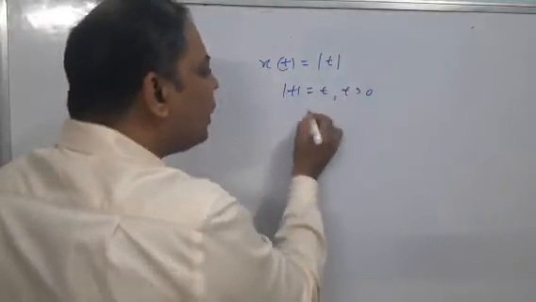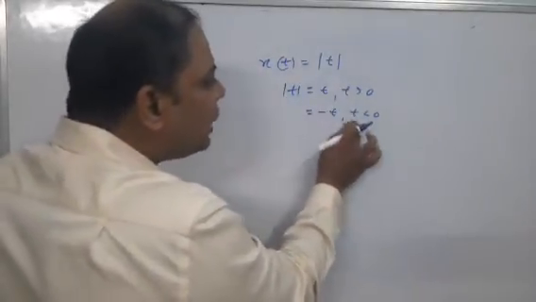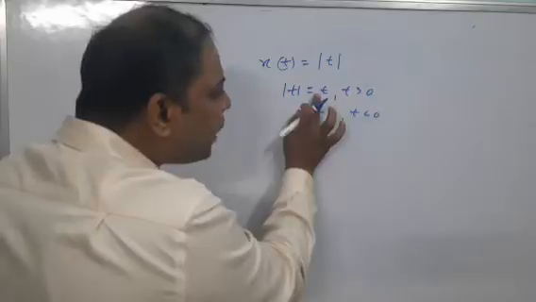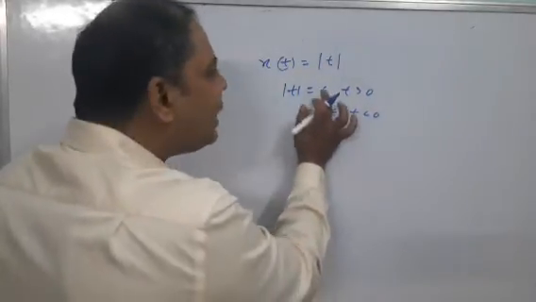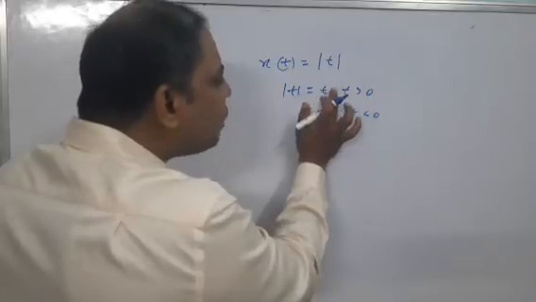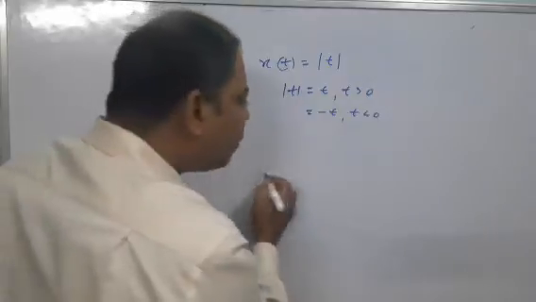So you know mod t is equal to t for t greater than 0. It is equal to minus t for t less than 0. That means t greater than 0, this plot. t less than 0, this plot. This plot means what? mx plus c. Here m is 1, here m is minus 1. And in this equation, c is 0.